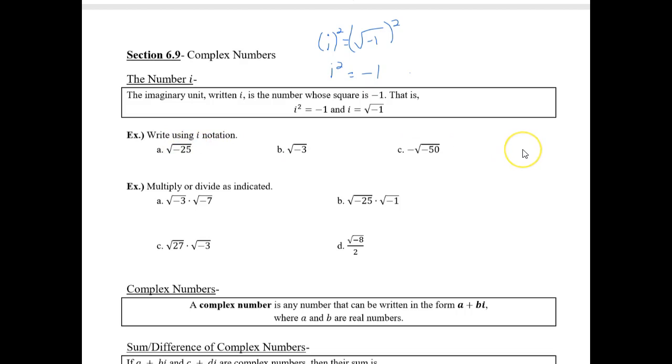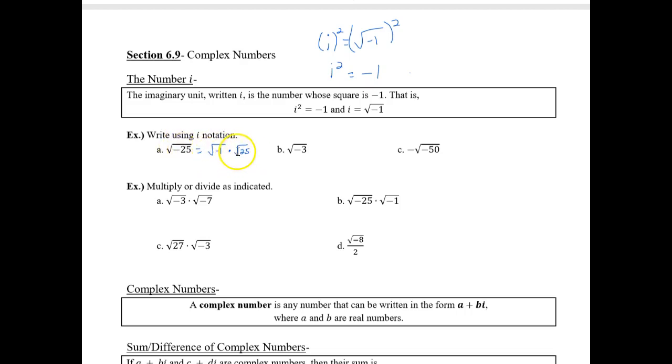So I could rewrite the square root of -25 as the square root of -1 times the square root of 25, right? Because we can go back and forth using that product rule of radicals that says I can split them apart and take the square root separately or bring them back together under the same radical.